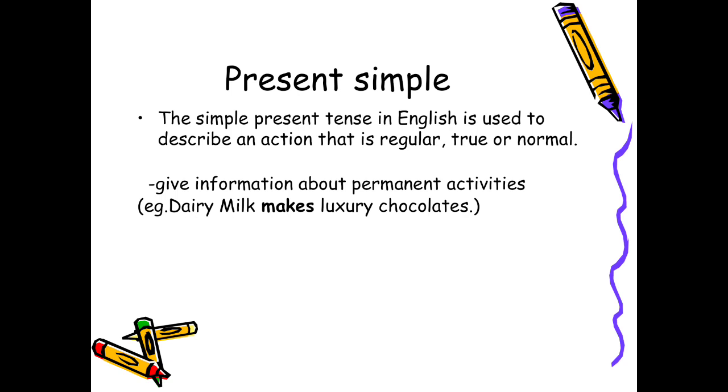It gives information about permanent activities. For example, Dairy Milk makes luxury chocolates, so even now it is making luxury chocolates. In the future also it will be making, and in the past also it was making, so it is considered as Dairy Milk makes luxury chocolates.